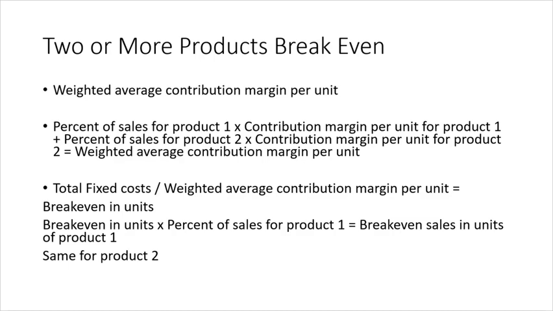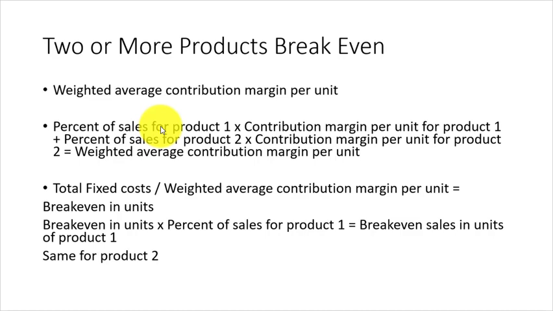Now, what if you have 2 or more products? This is a little more complicated, but it literally is the same process. You just have to calculate a weighted average contribution margin per unit. The way you do that is you take the percentage of sales for product 1.